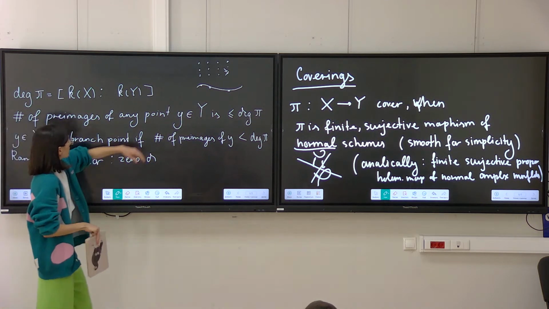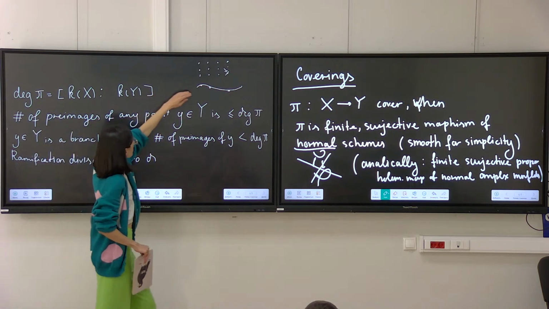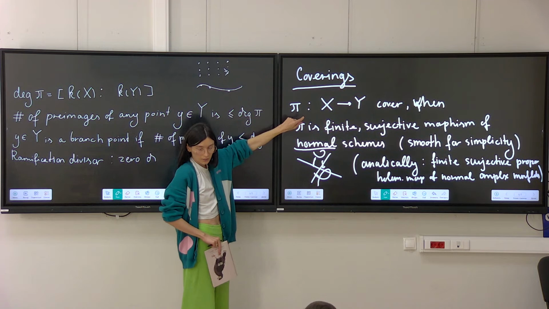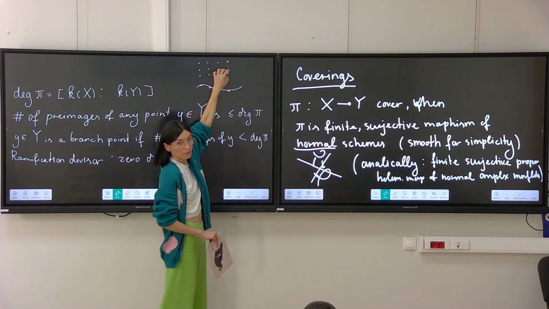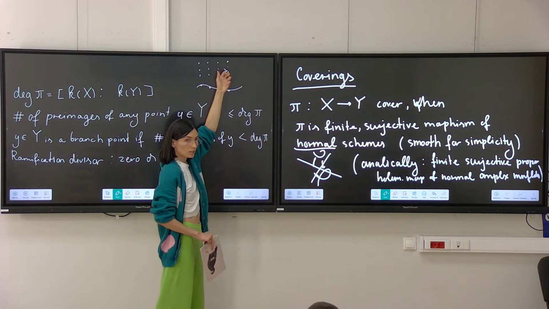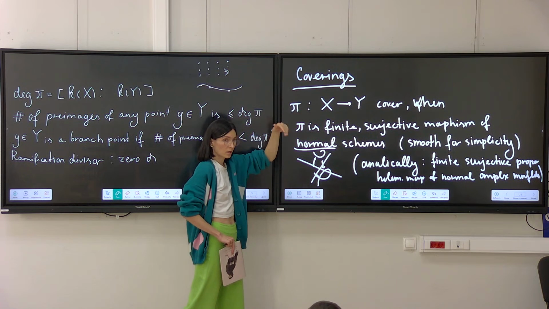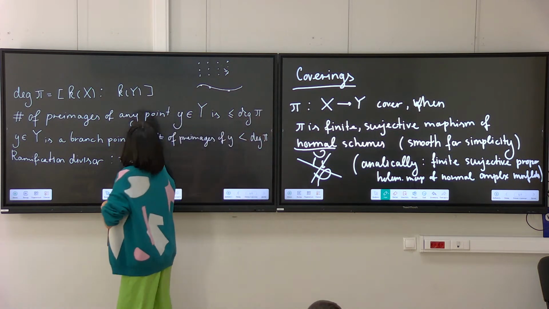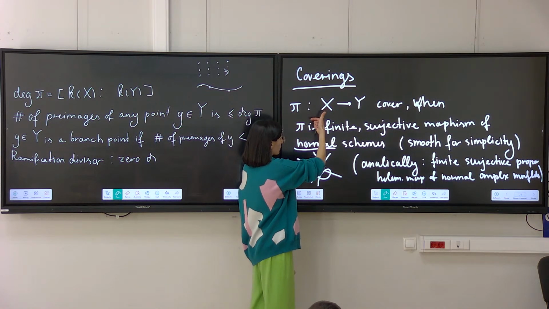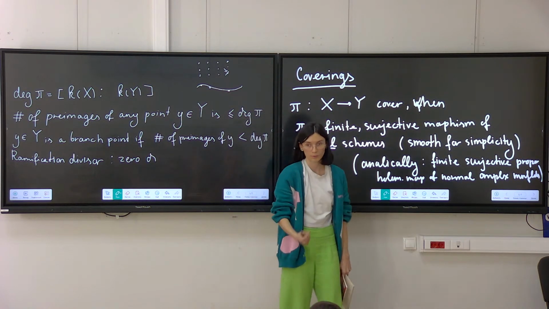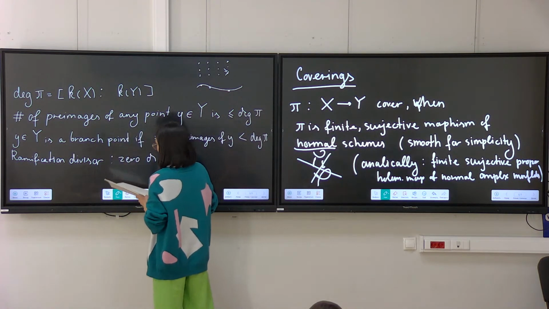This divisor parameterizes the points inside X where the morphism pi isn't smooth. Okay? So when some points are glued together, in these points the corresponding morphism is not smooth. And the ramification divisor here on X is a divisor that parameterizes these points. Okay, the ramification divisor is 0.